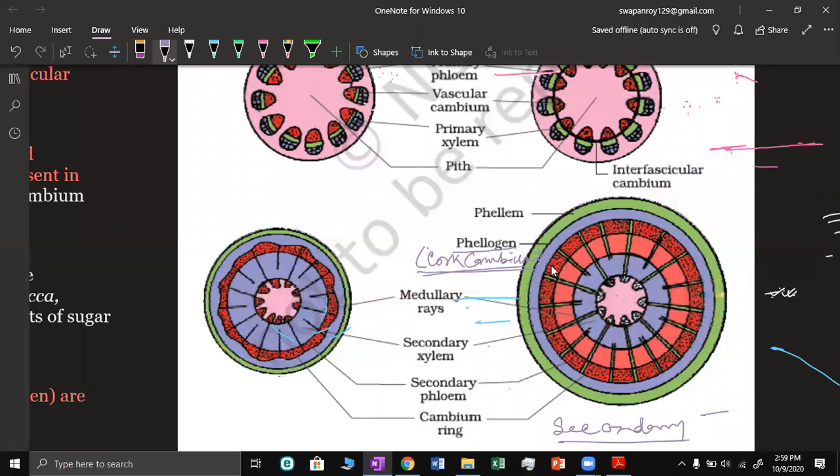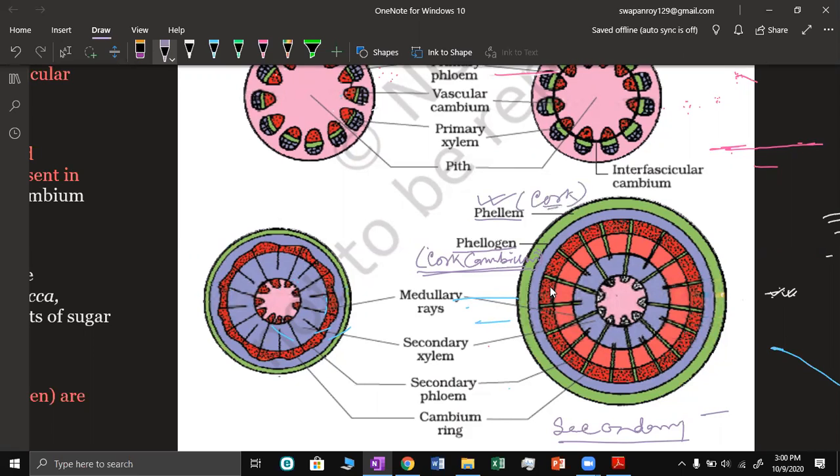Vascular cambium produces secondary vascular tissue, but this portion is non-vascular. So this cork cambium produces non-vascular tissue. On the outer side it produces phellem, which is also known as cork.